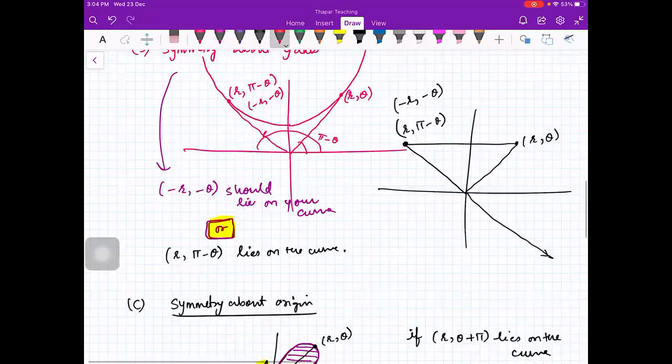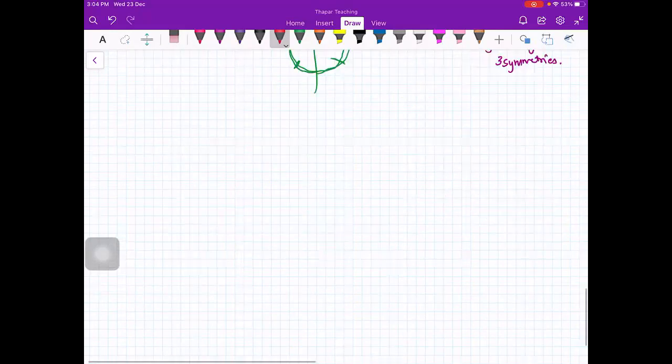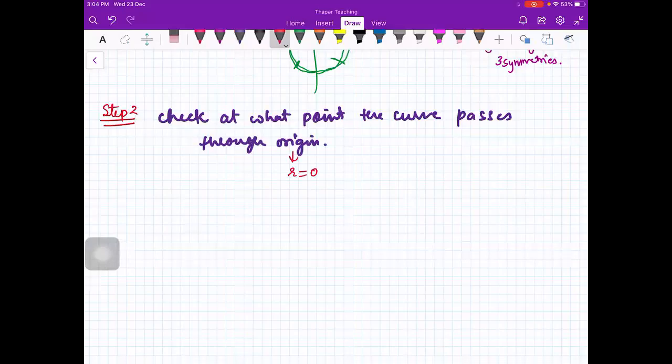Step 2 is you will check at what point the curve passes through origin. Now what is the origin in polar coordinates? Origin is r equal to 0. In polar coordinates, origin is r equal to 0.